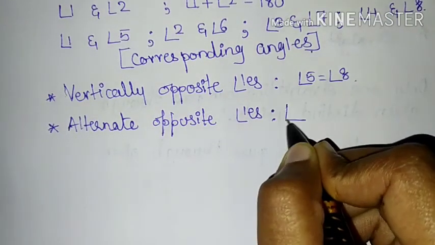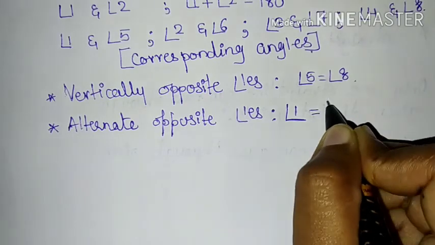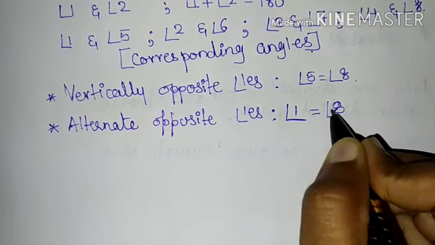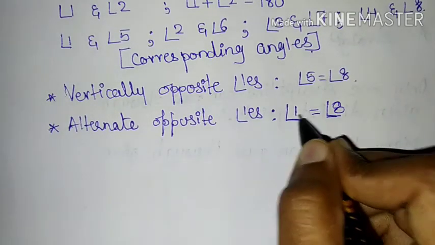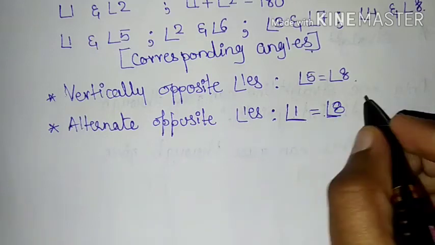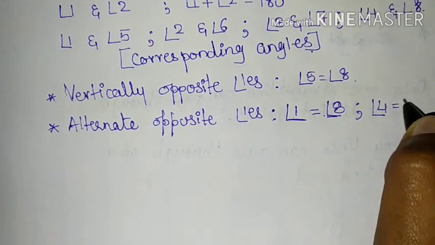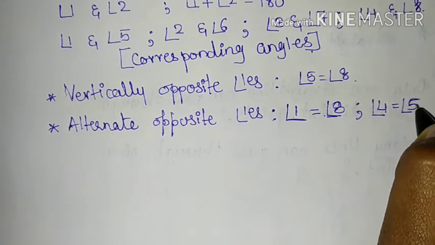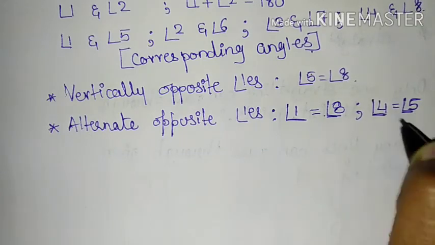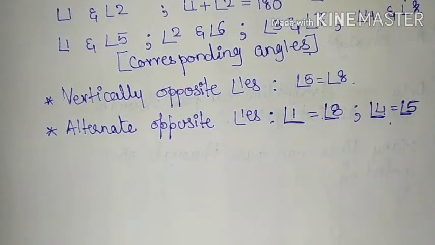So one of the examples, angle 1 is equal to angle 8. They are exterior alternate opposite angles. For interior, the example is angle 4 is equal to angle 5. They are interior alternate opposite angles.